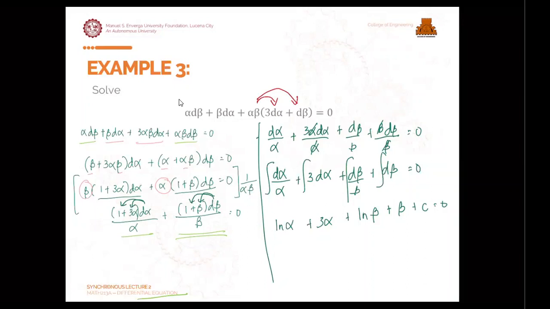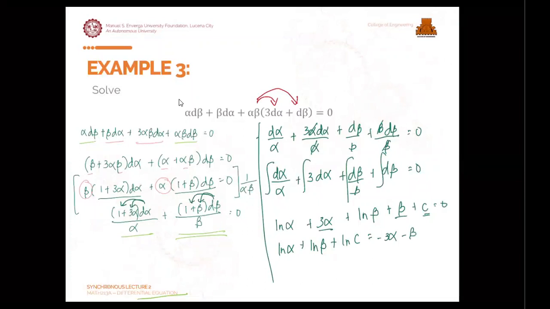Then, para mas convenient, gawin natin si C naka-ln din. No? We have ln alpha plus ln beta plus ln C. And transpose natin sa other side yung itong dalawang term na to. We have negative 3 alpha minus beta.